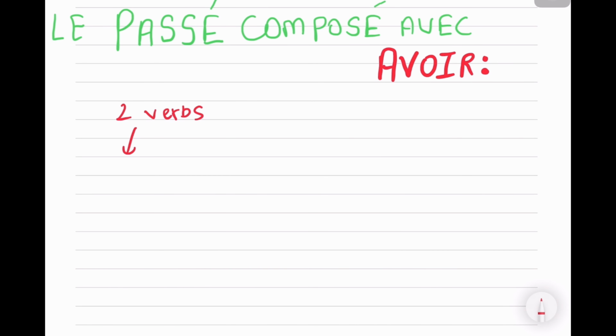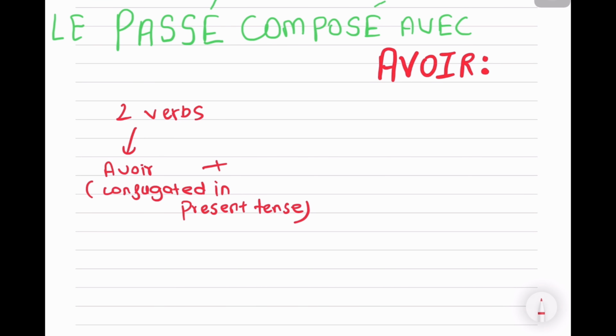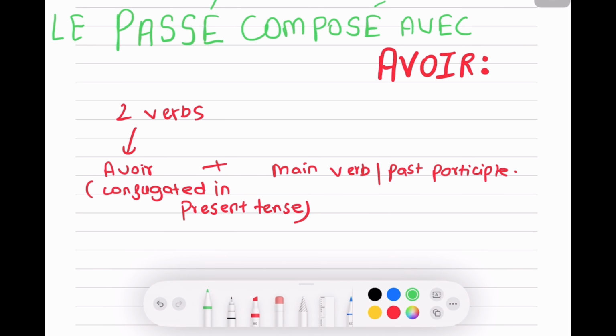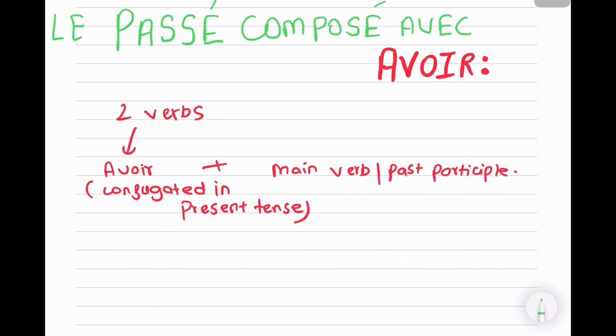First verb will be avoir, that will be conjugated in present tense, and the second verb will be your main verb or past participle. Every single sentence will have avoir and one past participle, that means two verbs, right? Avoir will be there in every single sentence as your first verb.